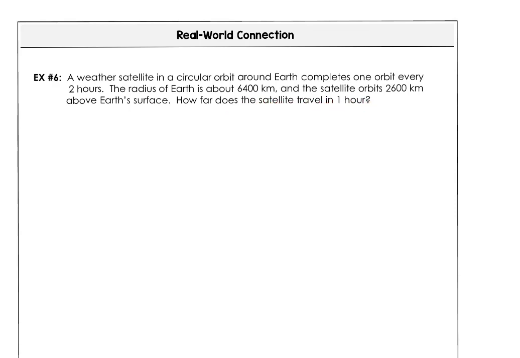So we need our calculator again. And if you draw a little picture here, we know that we've got the Earth here, and 6,400 kilometers is the radius. So from the center of the Earth to the surface at 6,400. And the satellite is going to orbit another 2,600 around the Earth.